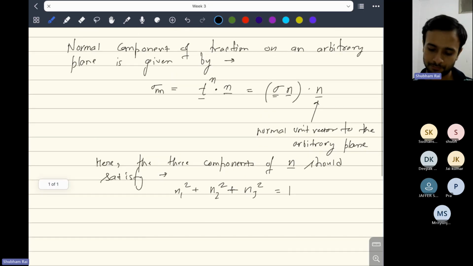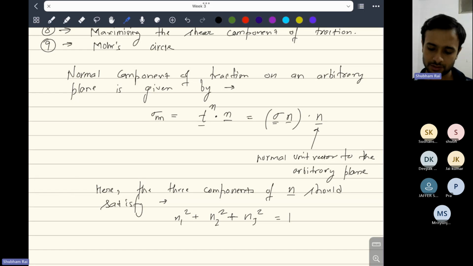Now, this is a constrained optimization problem in which you have to maximize this sigma nn subject to this constraint, because the magnitude of the normal vector should be 1, as it's a unit vector.